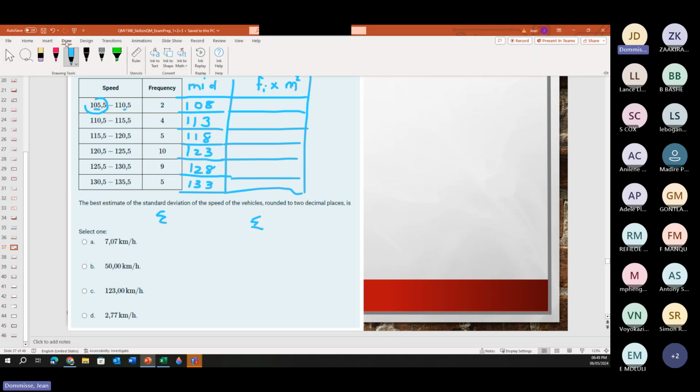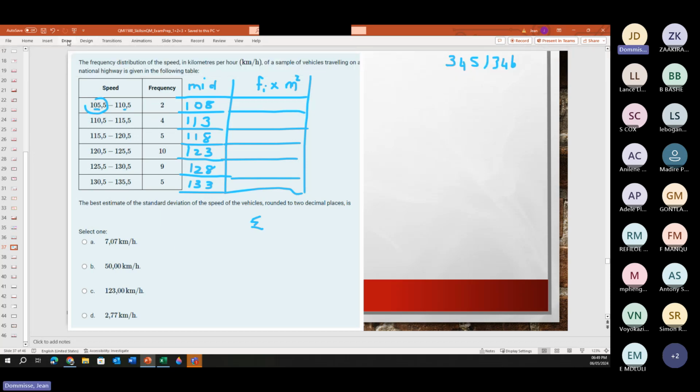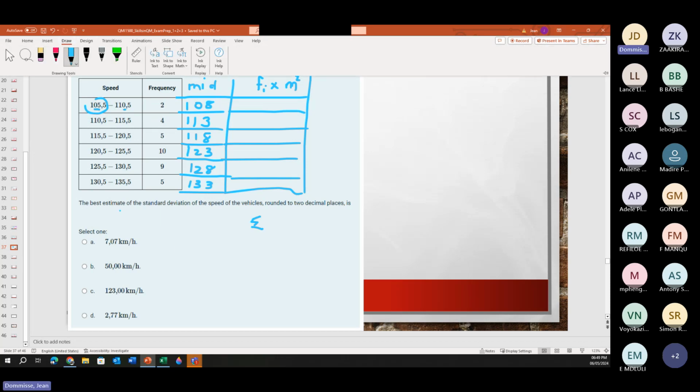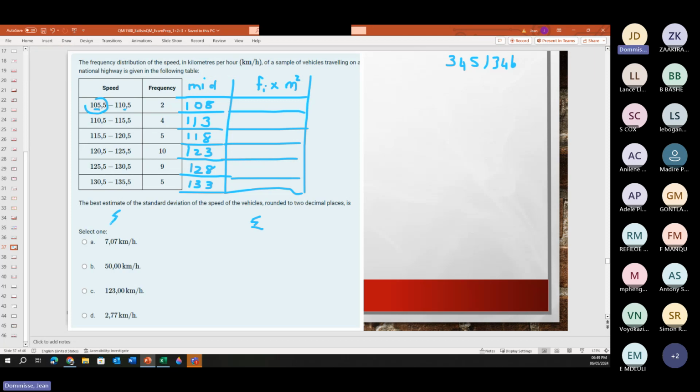Let's quickly move this away and redraw it, still not using Excel for this. 2 plus 4 is 6, plus 5 is 11, 21, 30, 35. Please just make sure that that is what you get as well.